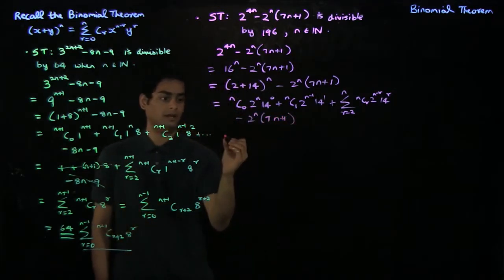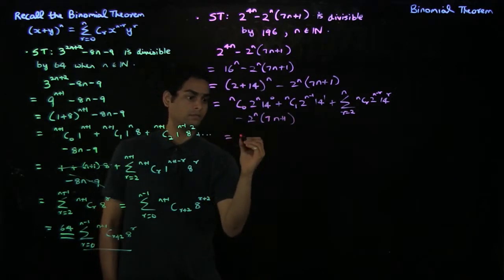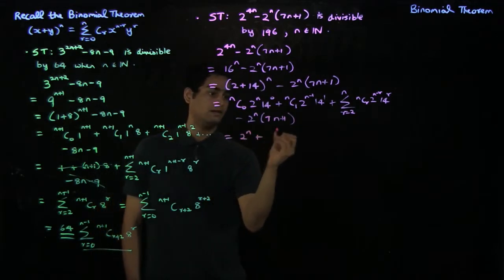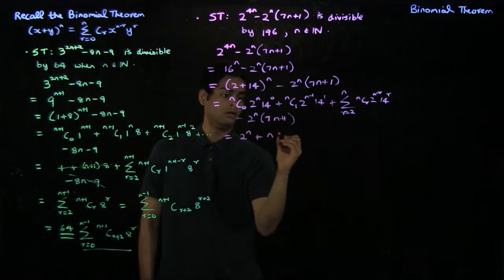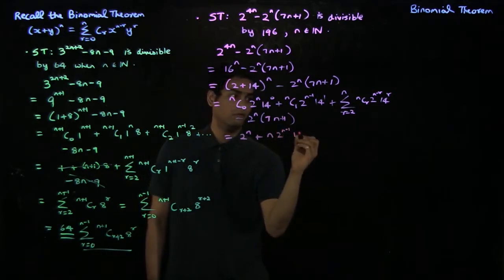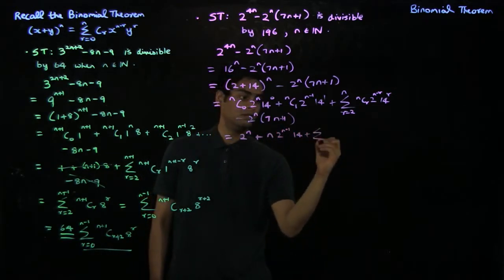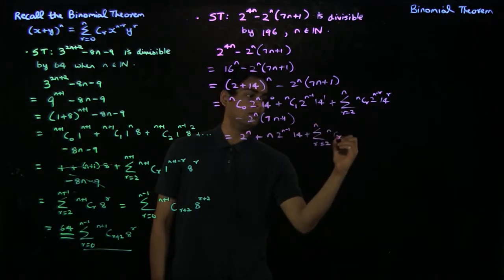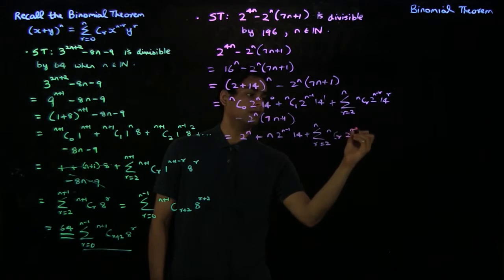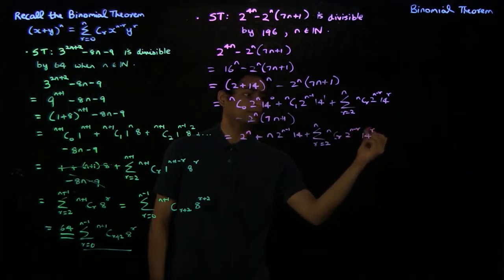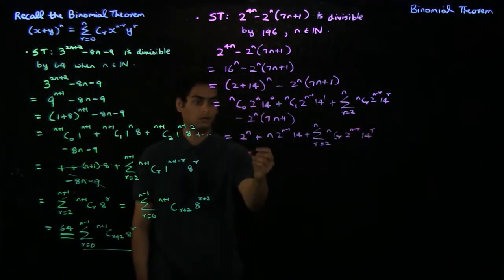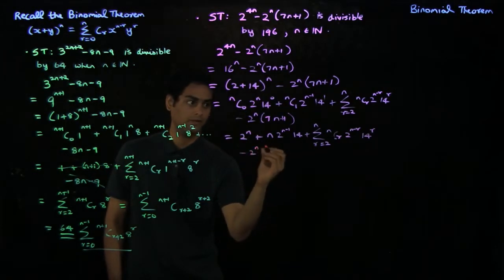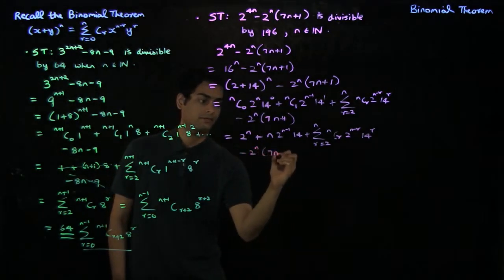So once again, you can rewrite this as 2 power n plus n times 2 power n minus 1 times 14 plus summation r equal to 2 to n, nCr, 2 power n minus r, 14 power r. And you still have to subtract 2 power n times 7n plus 1.